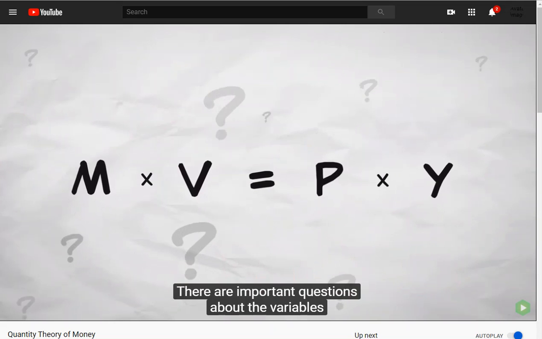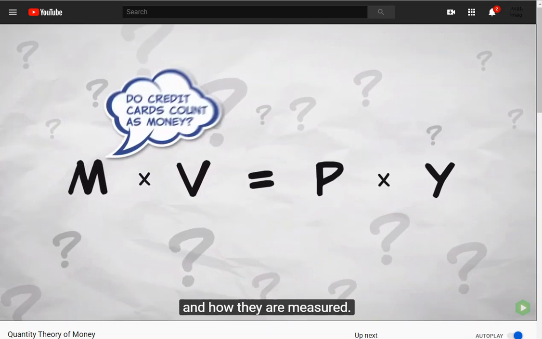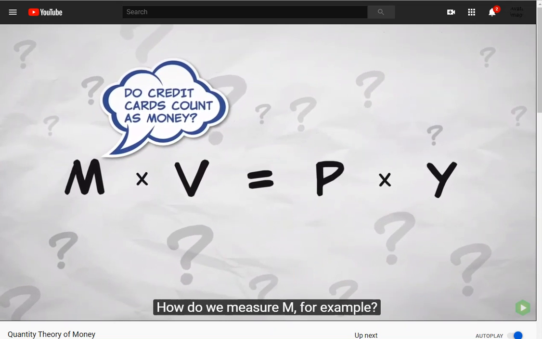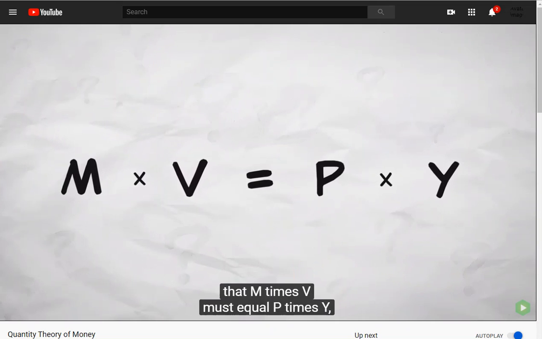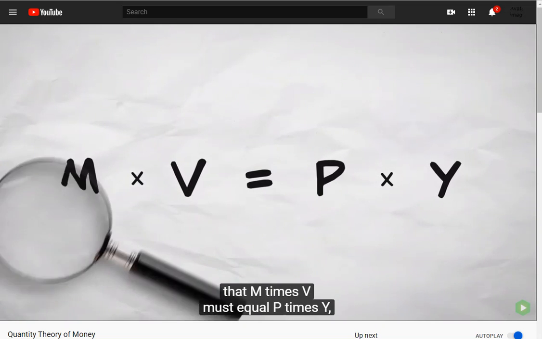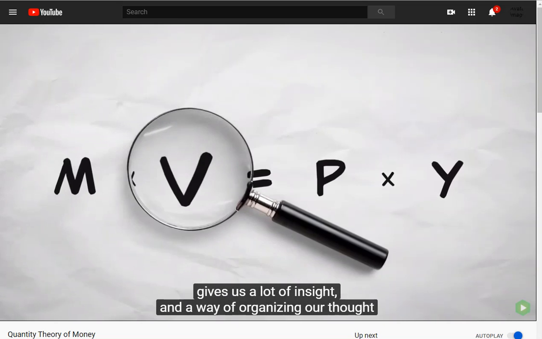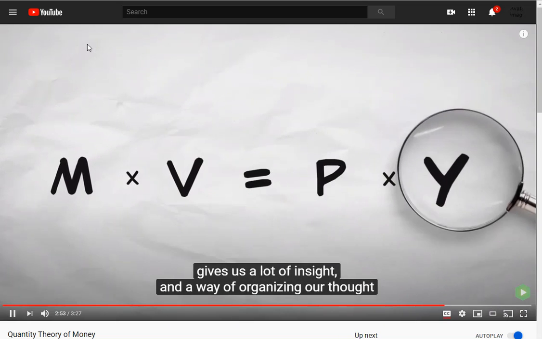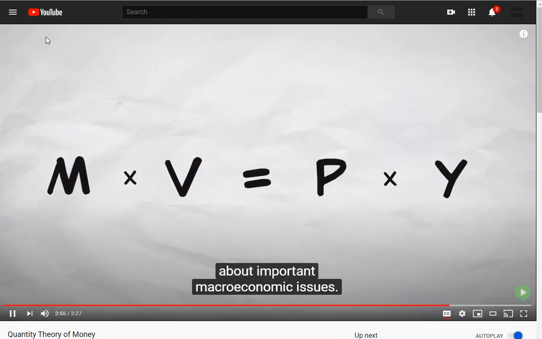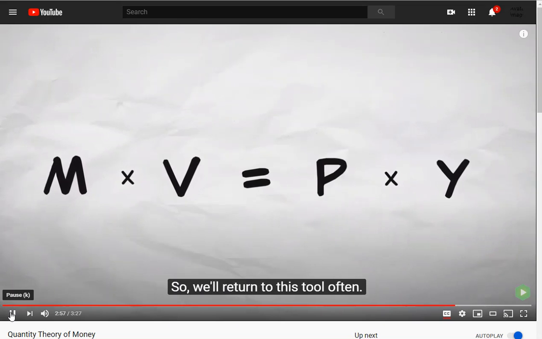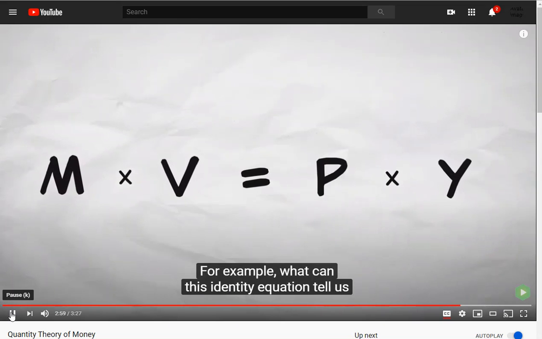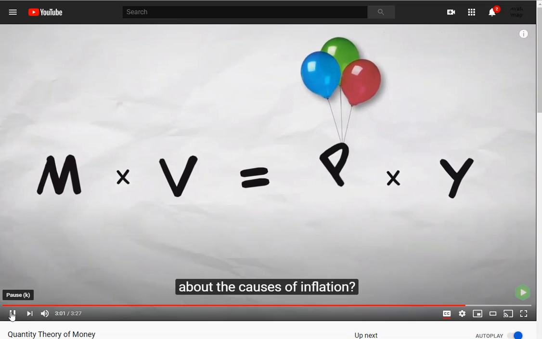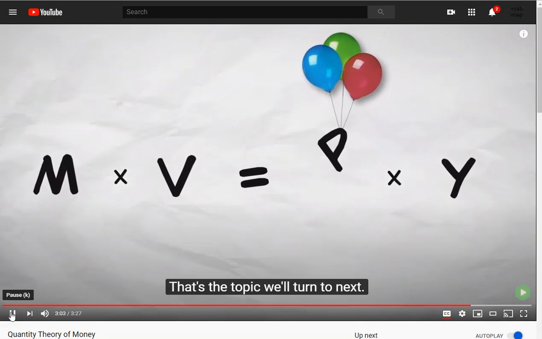There are important questions about the variables and how they are measured. How do we measure M, for example? However, the core identity that M times V must equal P times Y gives us a lot of insight and a way of organizing our thought about important macroeconomic issues. So, we'll return to this tool often. For example, what can this identity equation tell us about the causes of inflation? That's the topic we'll turn to next.